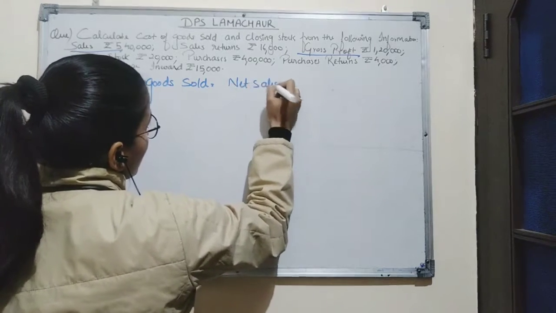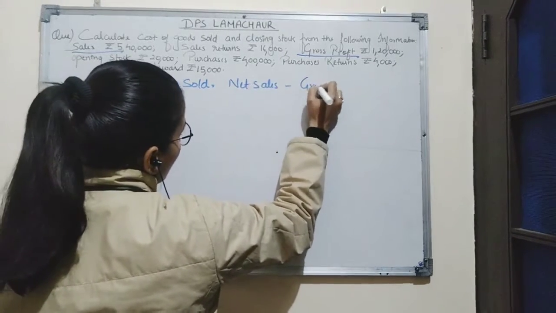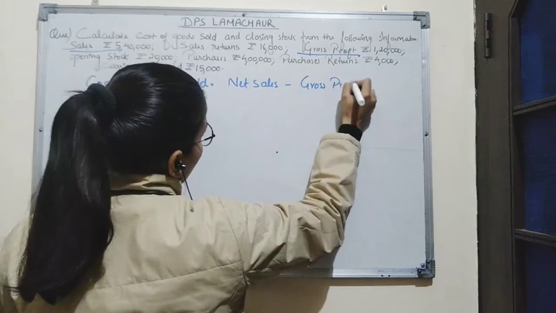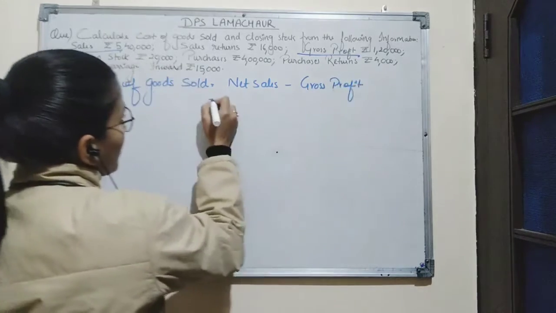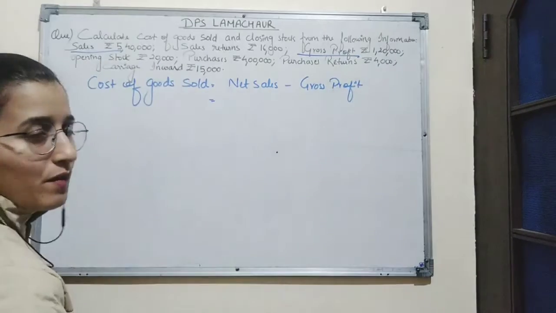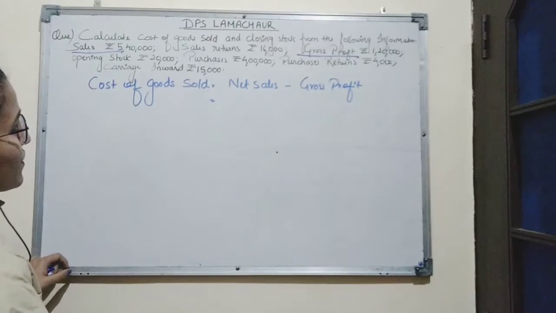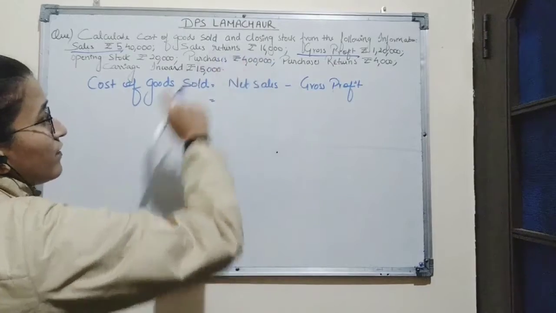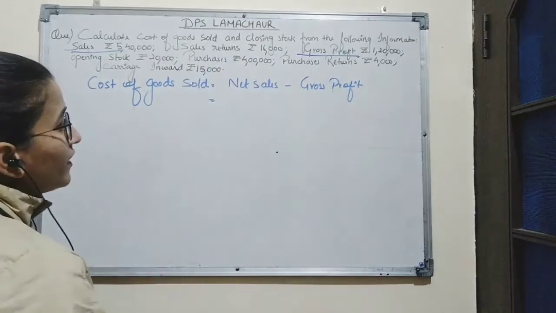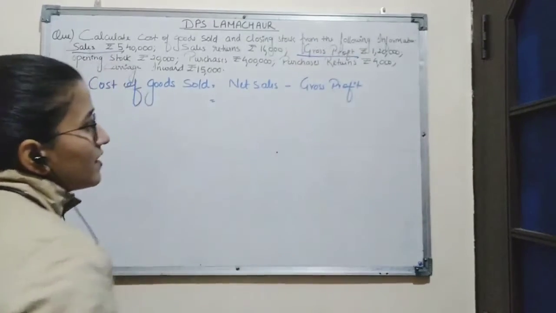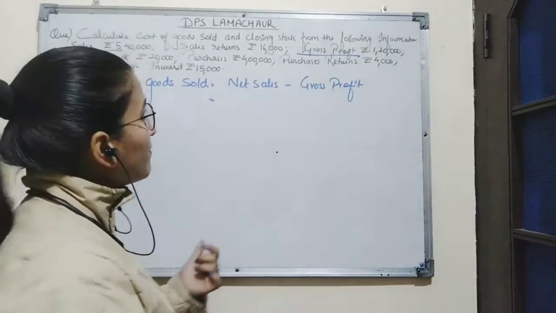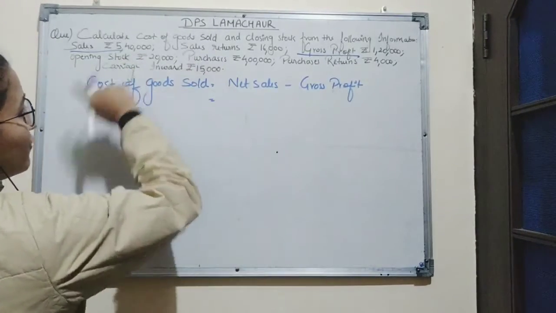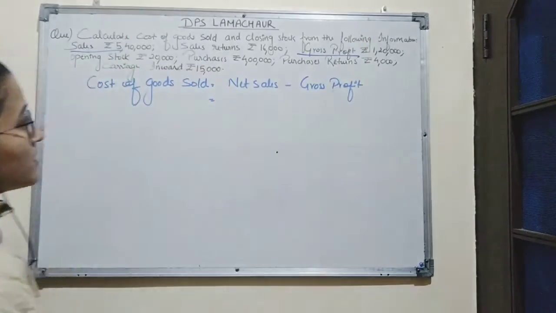net sales minus gross profit. So as in the question, the amount of sale is given, which is 5,40,000, from which we will deduct sales return to calculate net sales. Net sales can be calculated by subtracting sales return from amount of sales.